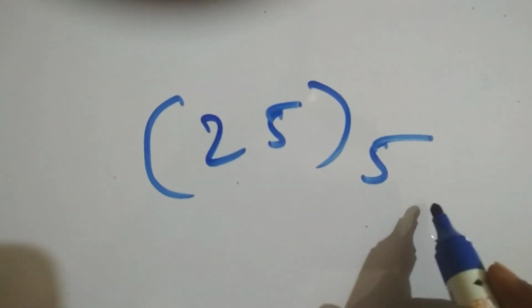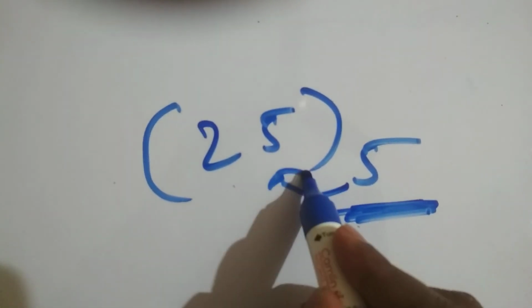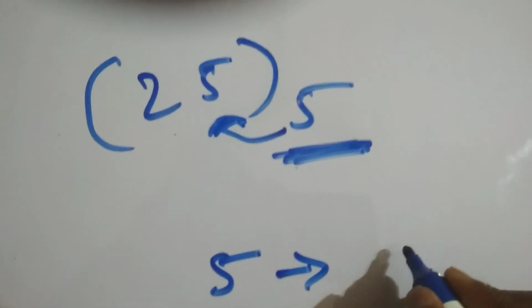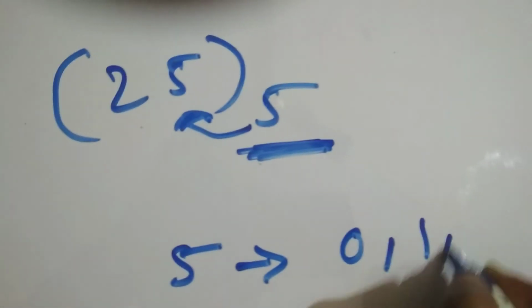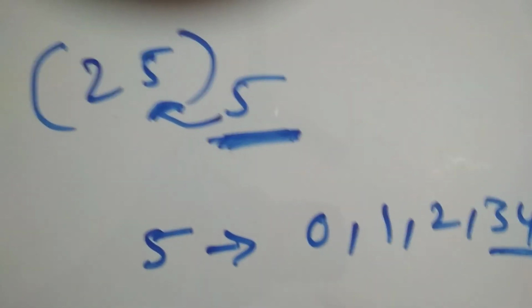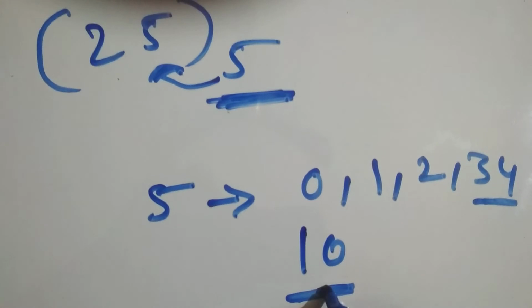So what's wrong in this? As you know, it's a tricky question. It's base 5. This is base 5, and what we represented is the digit 5. Base 5 doesn't have the digit 5. Base 5 can have only 5 distinct digits, 0, 1, 2, 3 and 4. 5 cannot be represented as 5. 5 needs to be represented differently in base 5.